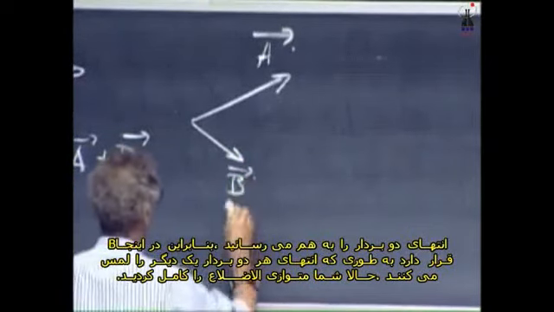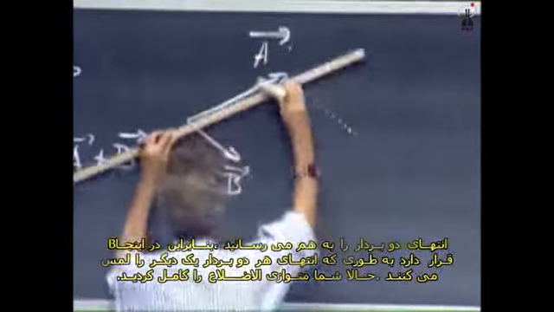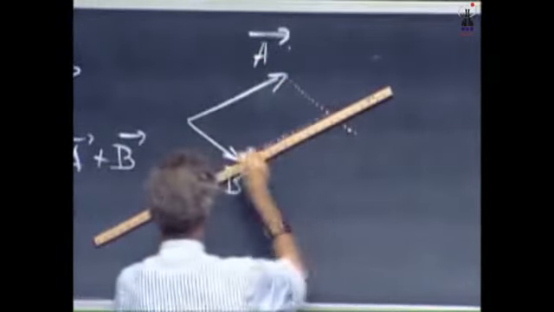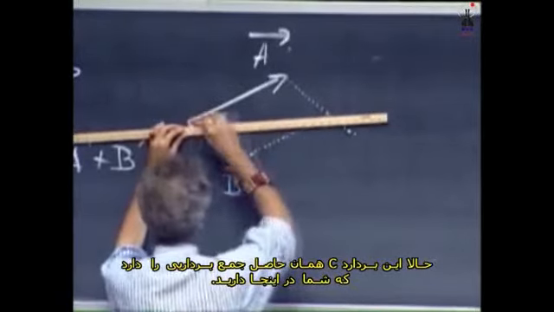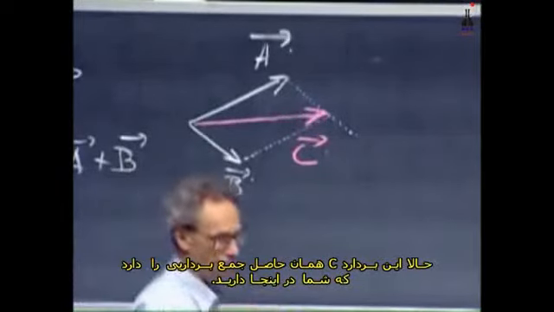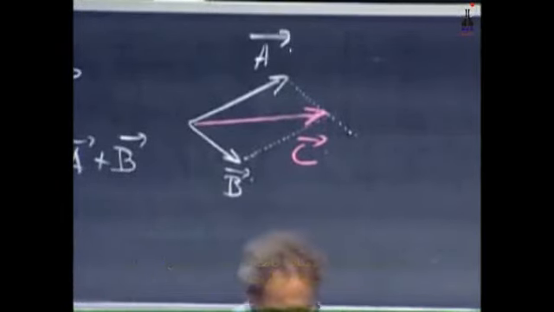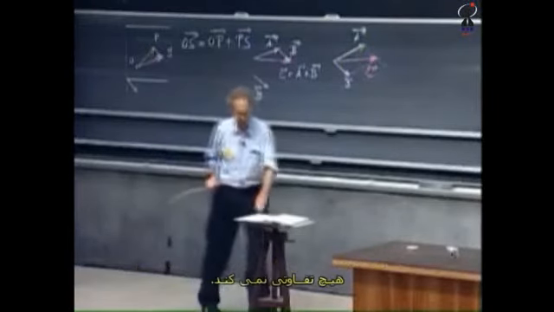So the tails are touching, and now you complete this parallelogram. And now this vector C is the same sum vector that you have here, whichever way you prefer. You see immediately that A plus B is the same as B plus A. There is no difference.